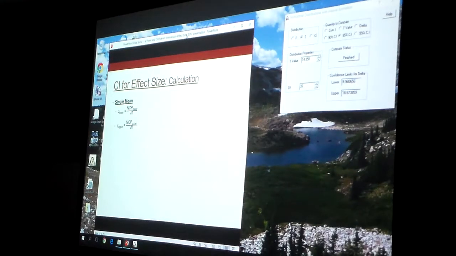What do you got, Rajiv? 1.921. Okay. And upper, what's my non-centrality parameter there? 18.674 over square root of 27 is what? I got 3.594. 3.594?